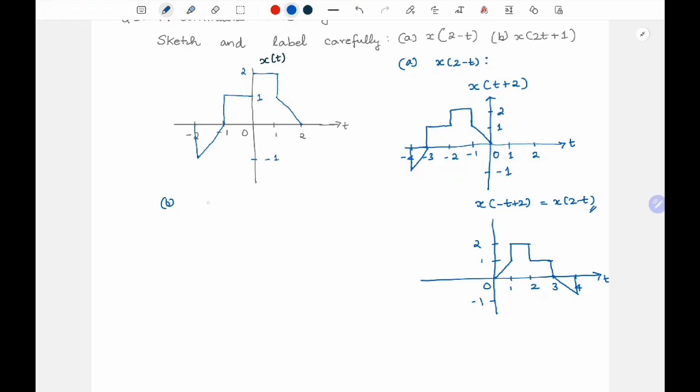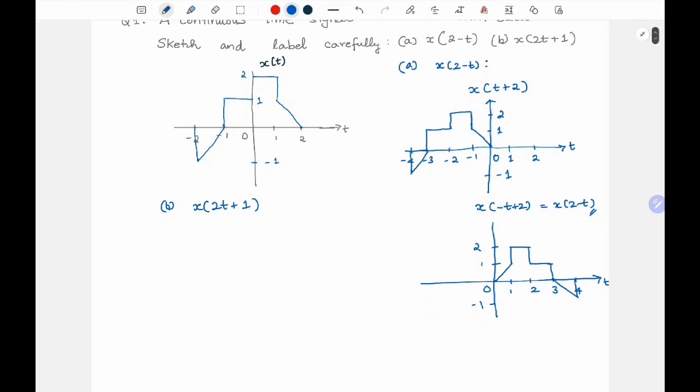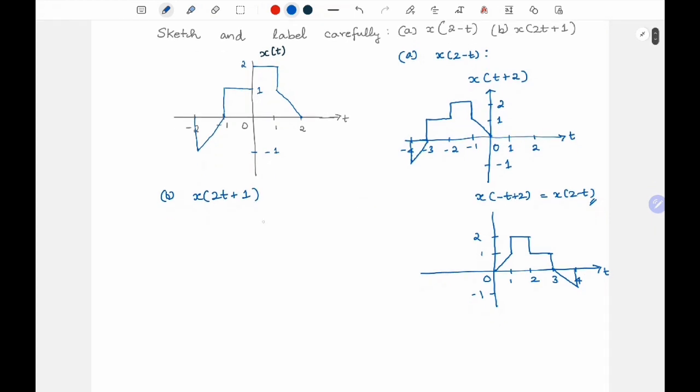And option B is x of 2t plus 1. Again we'll start by doing the time shifting. We'll first plot x of t plus 1, shifting x of t to the left by 1 unit. It will start from 1, minus 1, minus 2, minus 3, and go until minus 3.